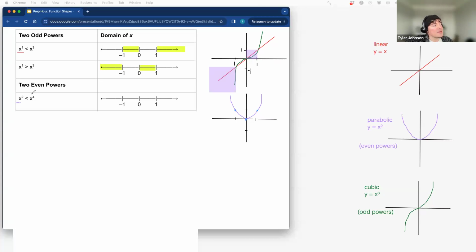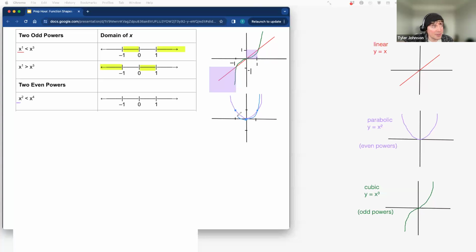But what's different is because I have a higher power here, for my large positives, my positives that are bigger than 1, it's going to be a bit steeper. So my blue line is going to be on top of the purple line after I hit 1. And then for my fractional positives, the fourth is going to be less, because when you multiply fractions, they get closer to 0. Same thing for my negative fractions.